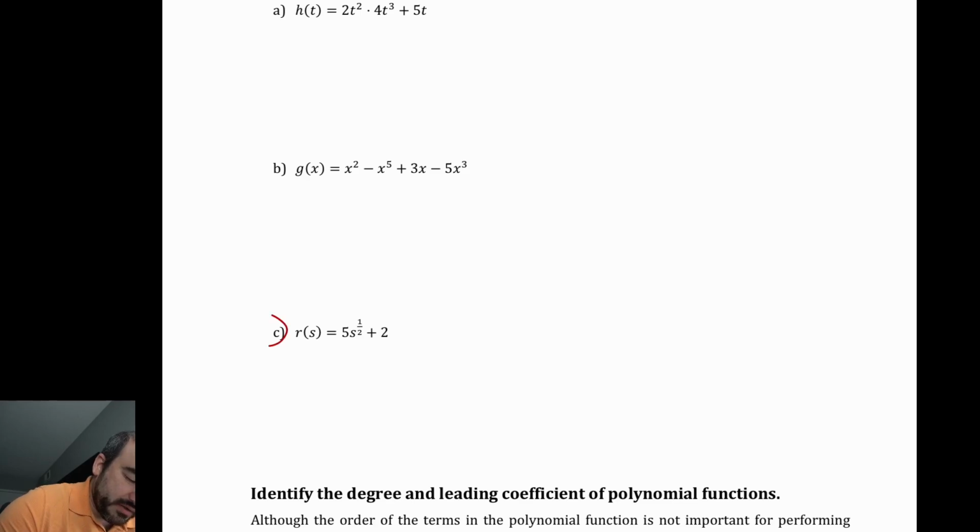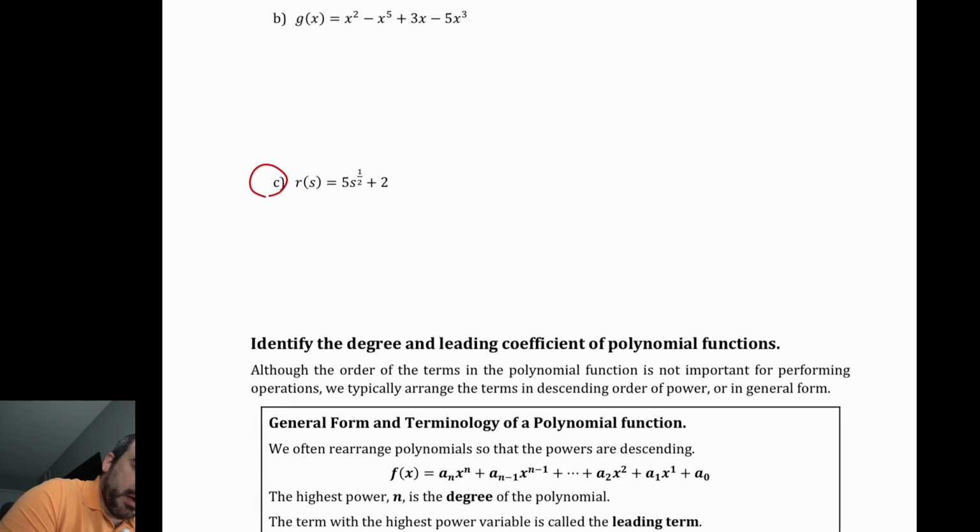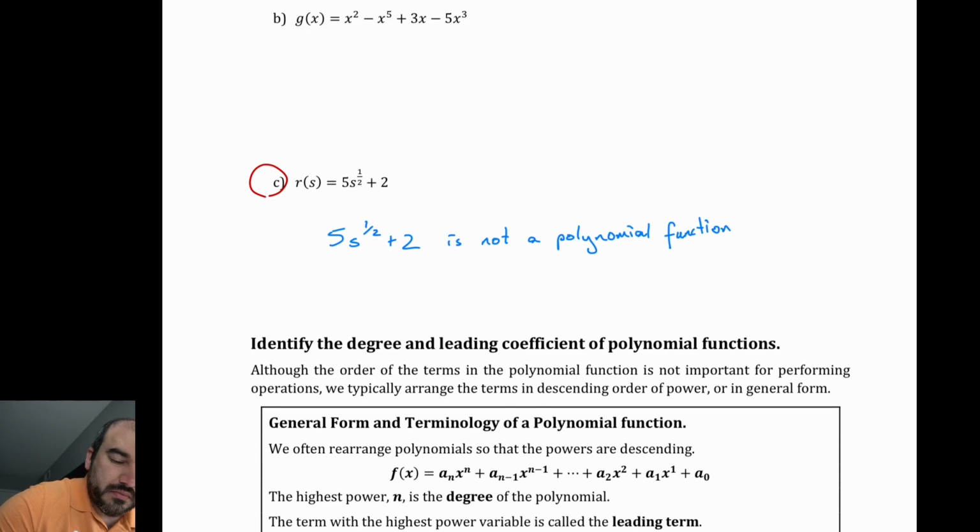If we look at part C here, we have 5s to the 1/2 plus 2. This one is not a polynomial function. Who can tell me why it's not a polynomial function? Because it isn't a whole integer, the exponent.